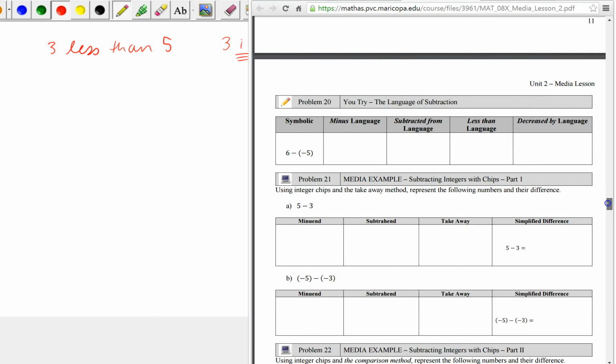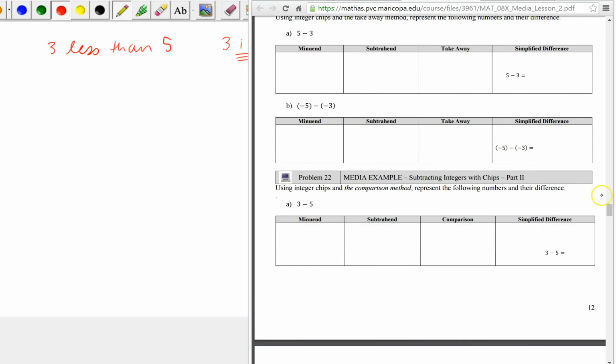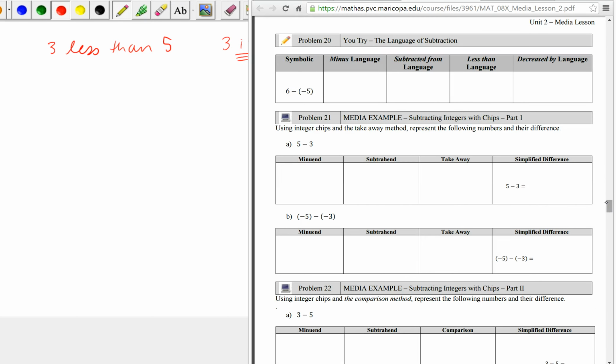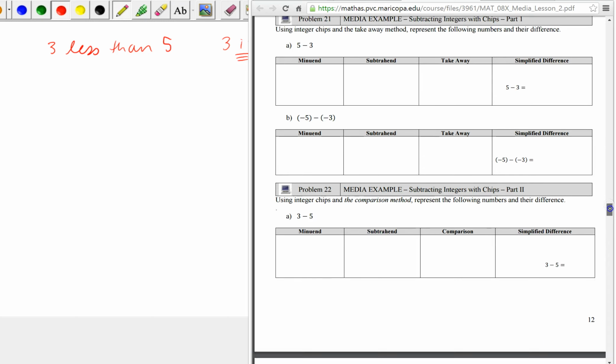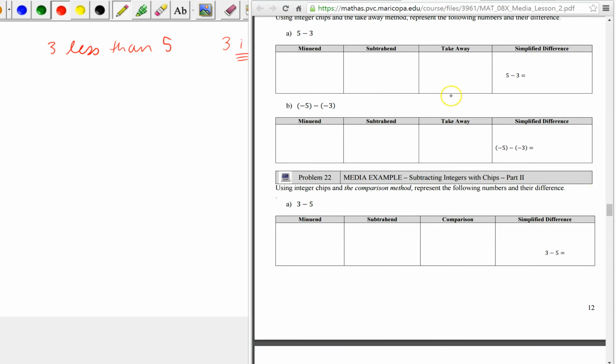Okay. And then we're going to start in on subtracting integers with chips. So we have 5 different problems for subtracting integers with chips, and I used takeaway for 2 of them, comparison for the other 3, but I'm going to start with just doing all of them as takeaway.